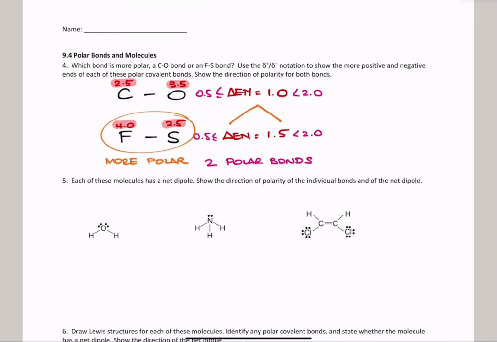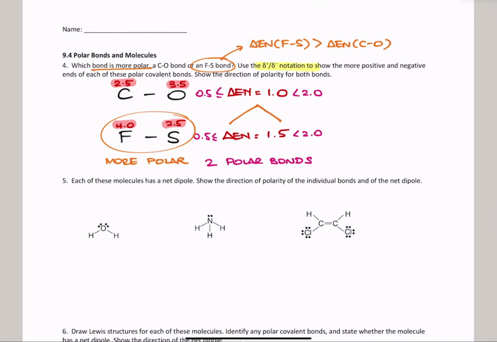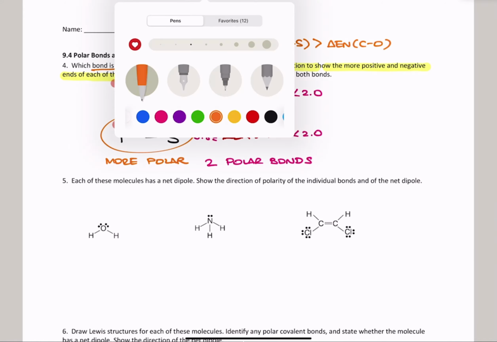Okay, so which bond is more polar? FS, because the delta EN of FS is greater than the delta EN of CO. We're going to use the delta plus and delta minus notation to show the more positive and negative ends of each polar covalent bond.